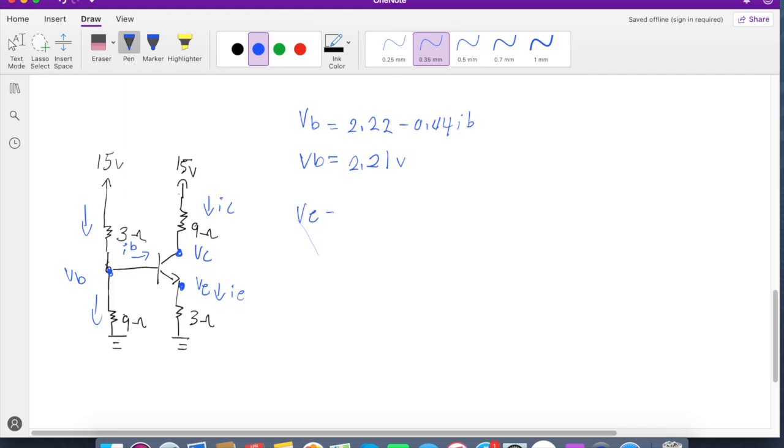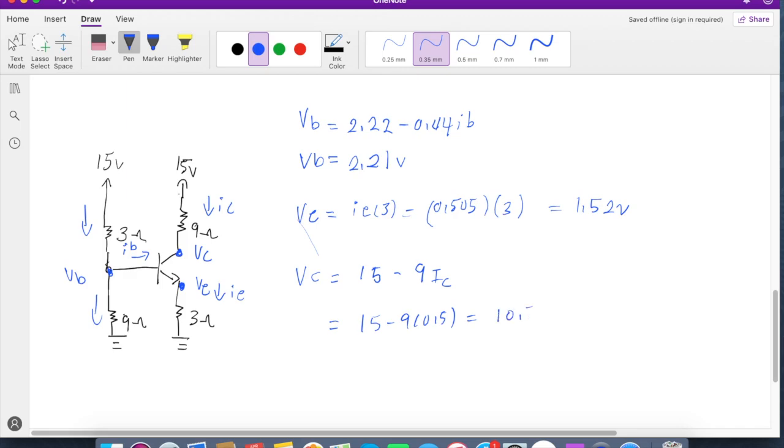Now for VE, it's simply going to be IE multiplied by 3. So we can also write this as 0.505 multiplied by 3, which gives us 1.52 volts. And VC, we can simply write as 15 minus 9 IC. Now, IC we found was 0.5 amps, so 15 minus 9 times 0.5 simply gives us 10.5 volts.